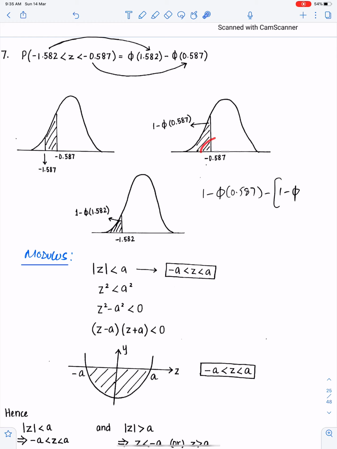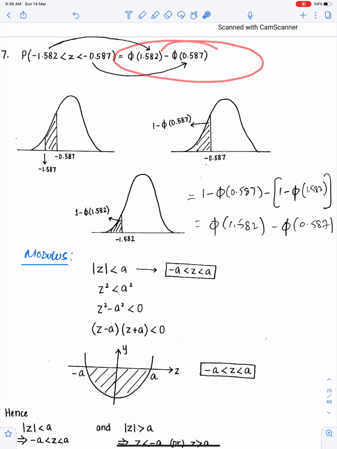This is the larger area, this is the smaller area, so this minus this. When you simplify this, you will get phi 1.582 minus phi 0.587, which is the same as this. So whenever both signs are negative, write phi of this here and phi of this here.